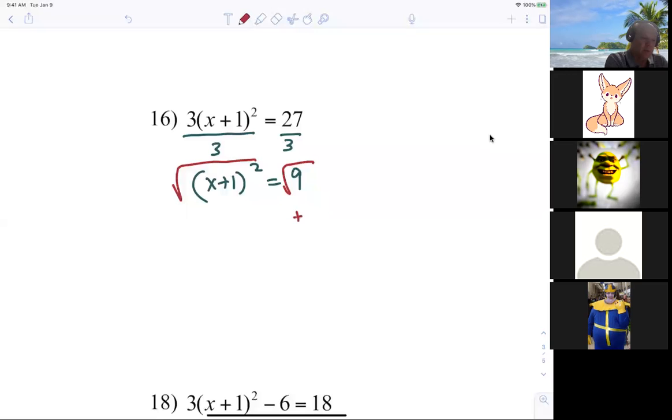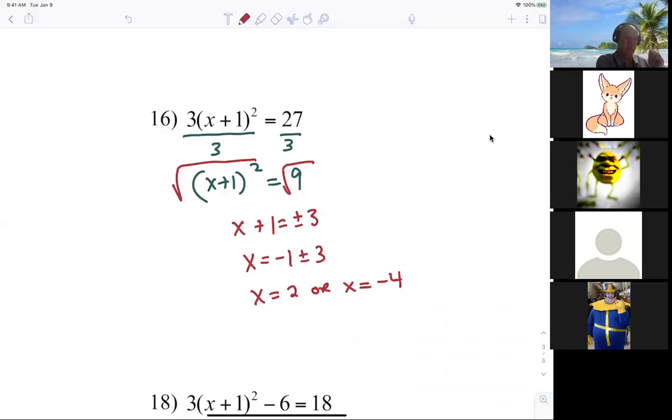So it's plus or minus 3, and then x plus 1. Now you subtract 1. So the answer is negative 1 plus or minus 3. So in this case, x could equal negative 1 plus 3, which is 2, or negative 1 minus 3, which is negative 4. Anybody have any questions now?